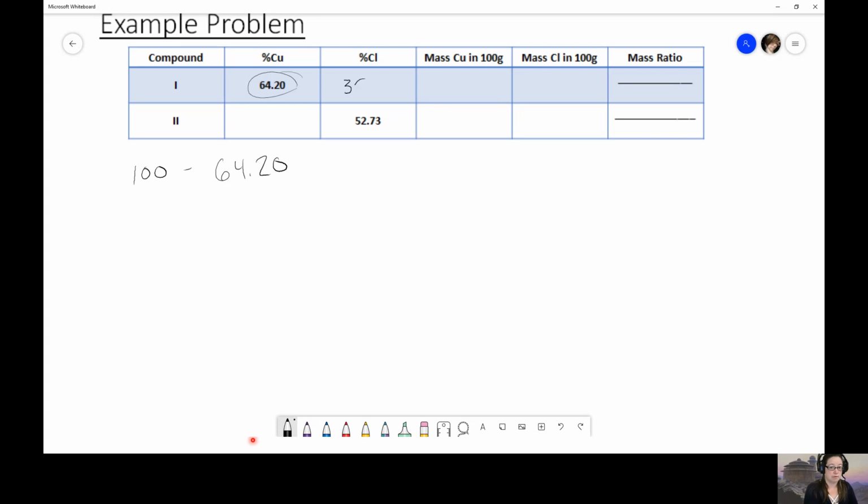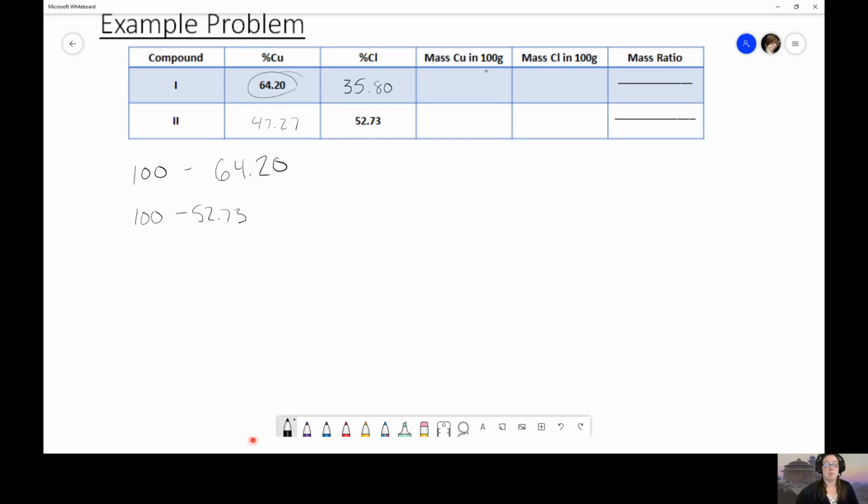So it's 35.80. Okay, then I'm going to do the same thing for compound 2, except I'm going to be figuring out the percent of Cu. So 100 minus 52.73, and I'm going to just do that on my calculator. It's 47.27, so 47.27.